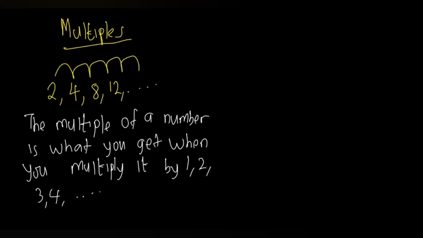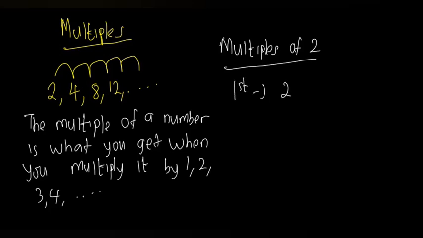Now, for example, the multiples of 2. The first multiple is 2 times 1, which is what? 2. The second, 2 times 2, which is equal to 4.